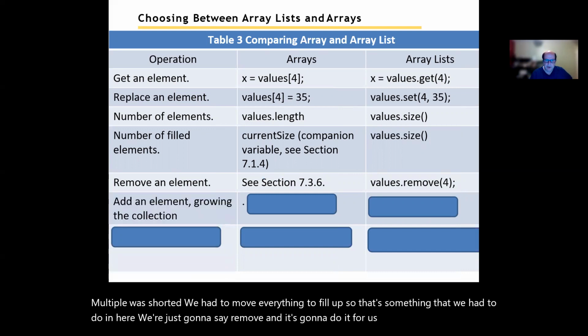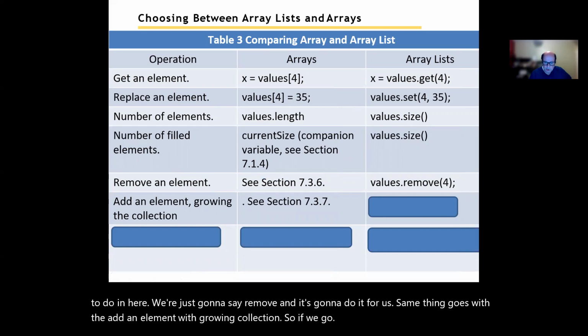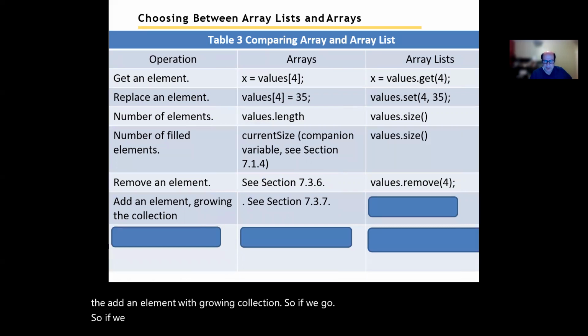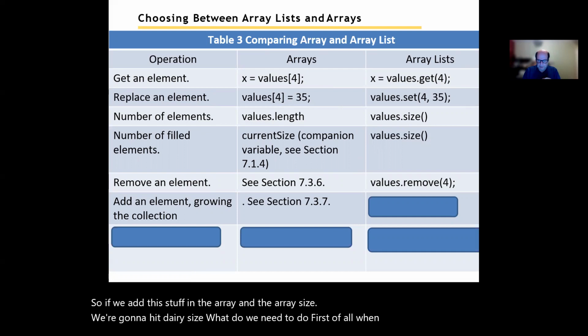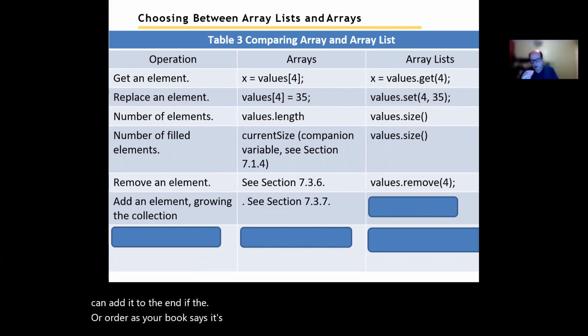Same thing goes with adding an element to a growing collection. If we add stuff in an array and we hit the array size, what do we need to do? First of all, when we add the stuff, we can add it to the end if sorting or order, as your book says, is not the concern. And if you want to put it somewhere in the middle, we have to move things down.